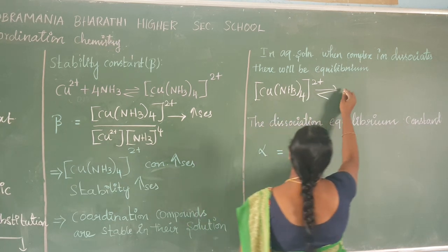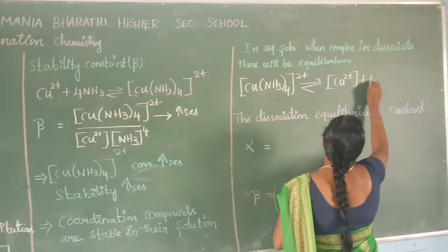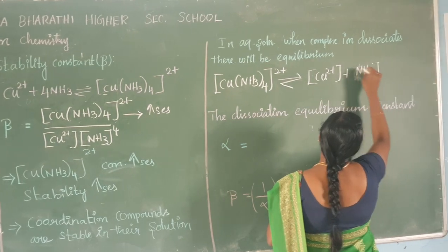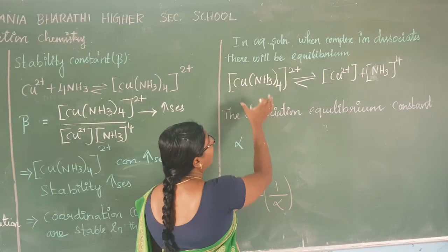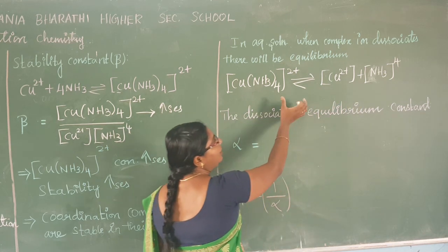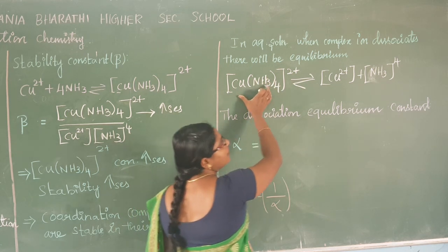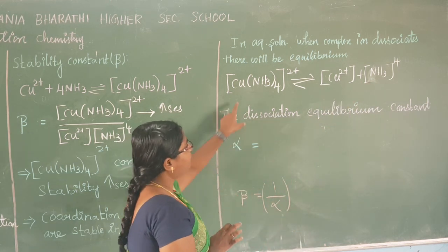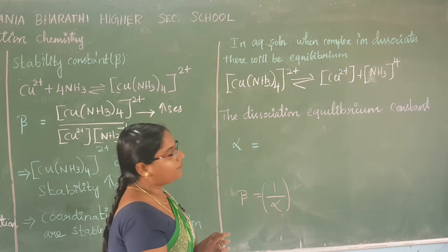Let me write the equation for this: [Cu(NH3)4]2+ in equilibrium with Cu2+ and NH3. There is an equilibrium between the undissociated complex and the dissociated ions. The dissociation equilibrium constant is alpha. How can I write alpha here?